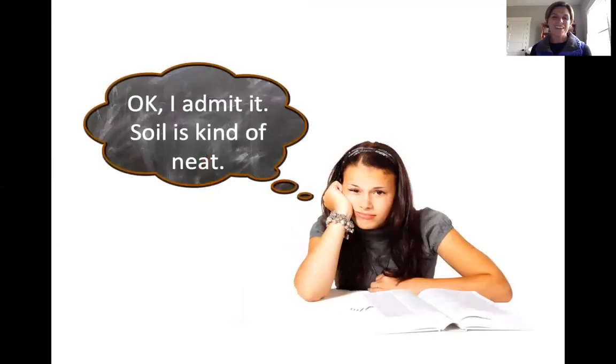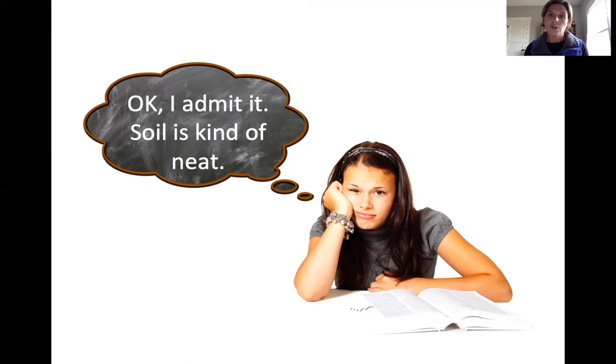Yay. All right. So hopefully by this point, you can relate to that girl and say, okay, I guess soil is kind of neat. There are lots of different soils you can test. I know I have gone into my forest near my house, and I've gotten soil from there, and I've gotten soil from like a place where they were doing some construction, and compared them both, and they're really different.